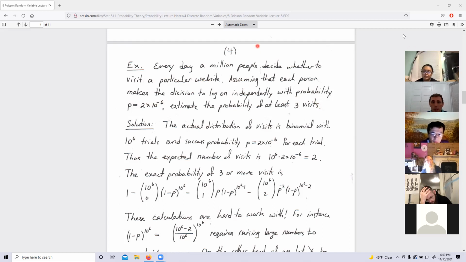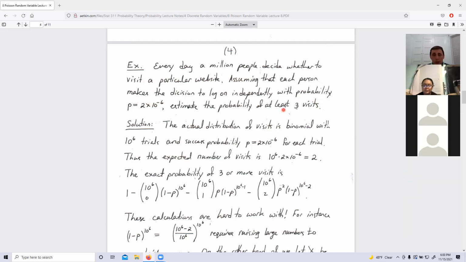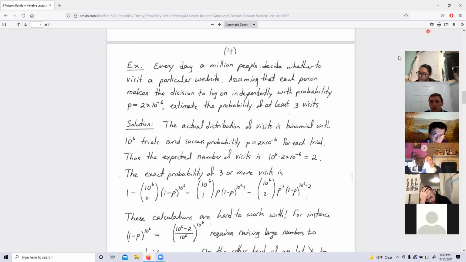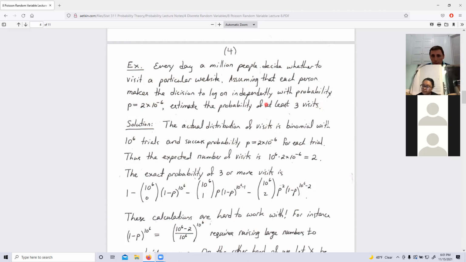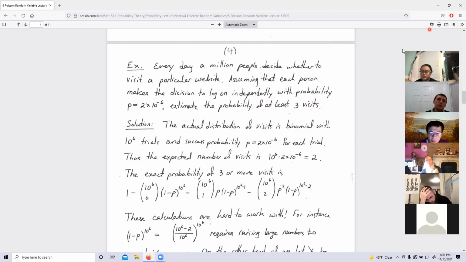So it's not a tremendously popular website. So how many visits are we going to have? Or what's the probability that we have at least 3 visits? That's the question.